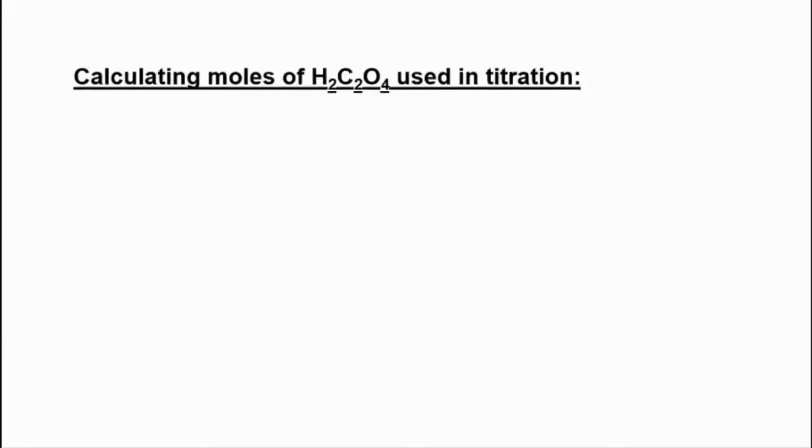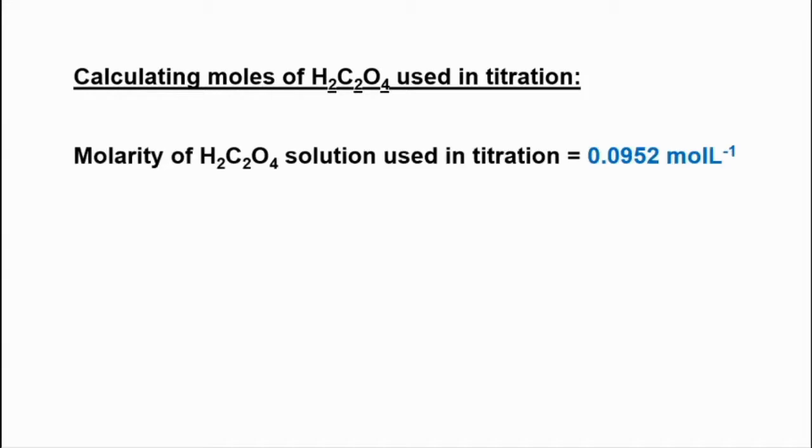Alright, next we are going to calculate the moles of oxalic acid used in this titration. Firstly, in part A, we have already determined the molarity of the standard solution of oxalic acid, which is 0.0952 moles per liter.